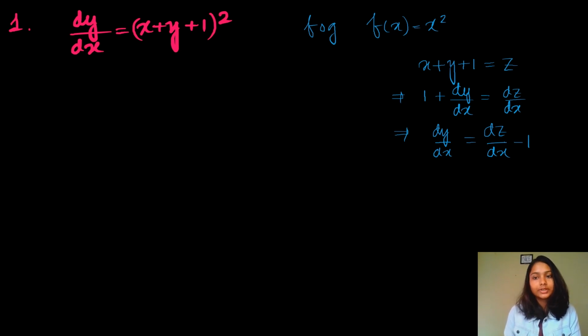So if we put this dz/dx here and x plus y plus 1 as z here, we will obtain dz/dx minus 1 equals z square.